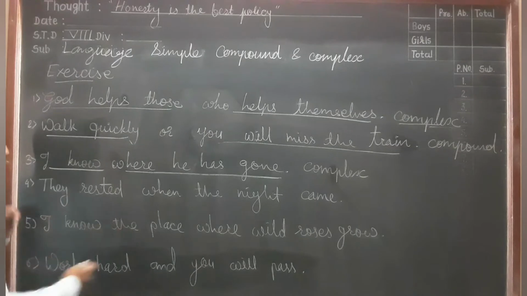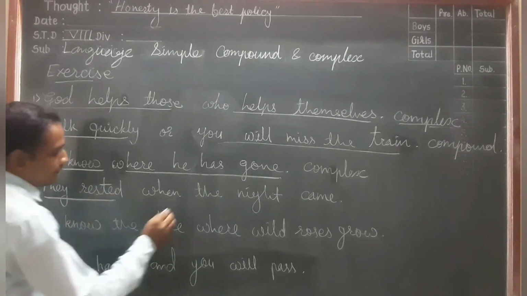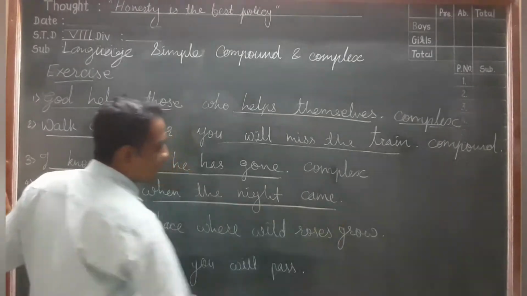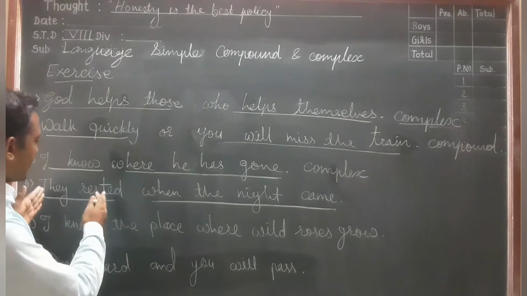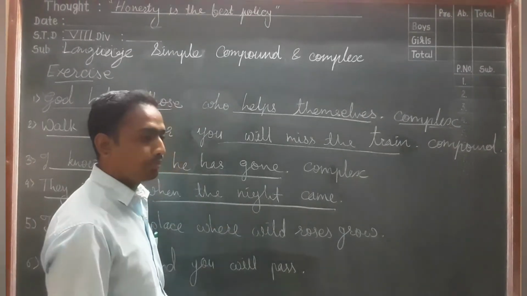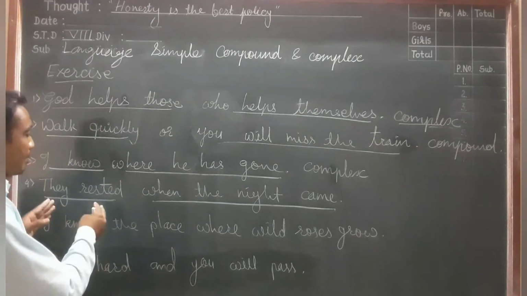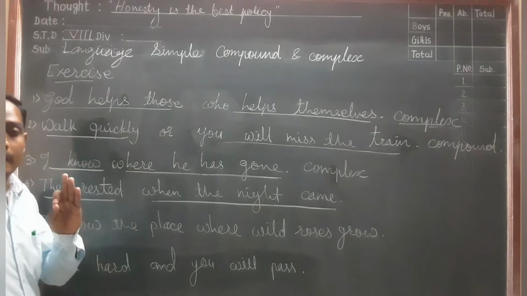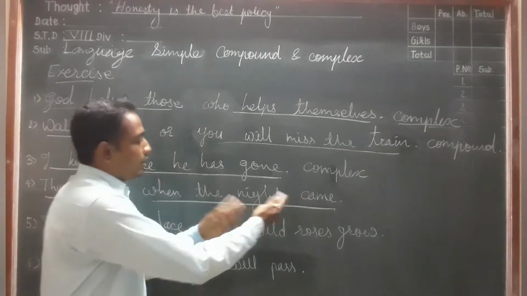Next: they rested when the night came. Here also, in such a sentence, they rested is one clause and when the night came is another. They rested is a principal clause. It makes a complete meaning without when the night came.